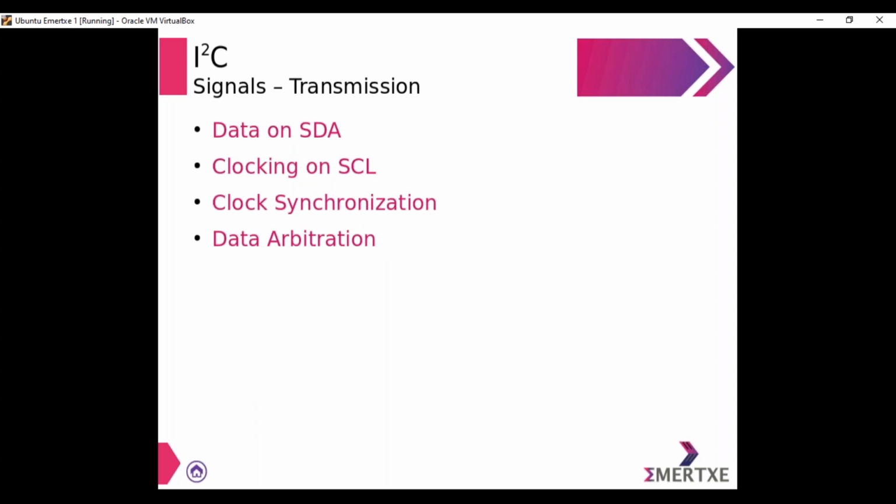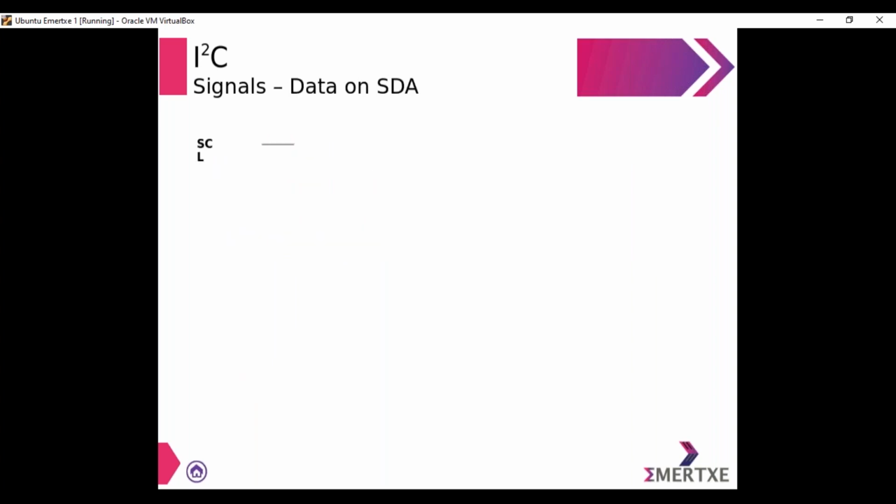Okay. So first and foremost, the clock pulse is always generated from the master itself. Whether it is the master or the slave, whoever has to transmit the data will transmit at the low level of the clock pulse.